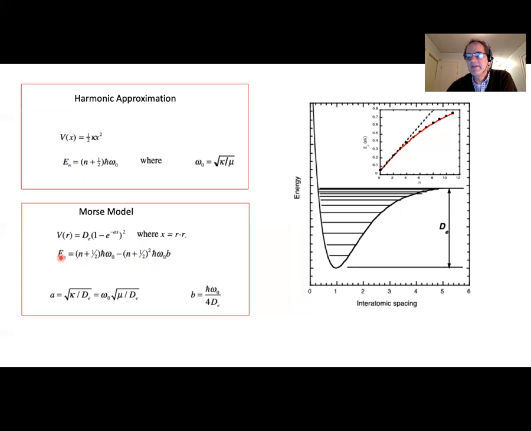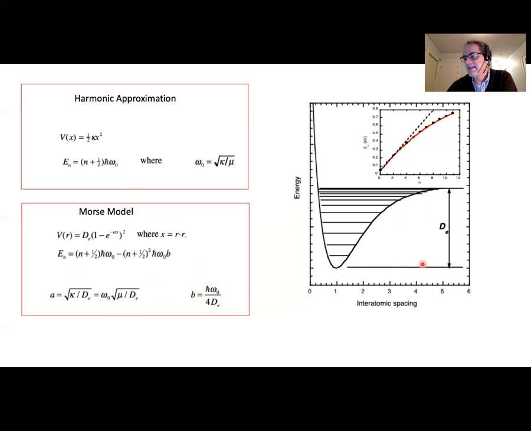In any event, there's a correspondence between the Morse model parameters D and a and these terms, h bar omega naught and b, and those correspondences are given here. In our case, we're really interested to know h bar omega naught, that's the line spacing in the harmonic approximation, and we're really interested to know the dissociation energy, D sub e.